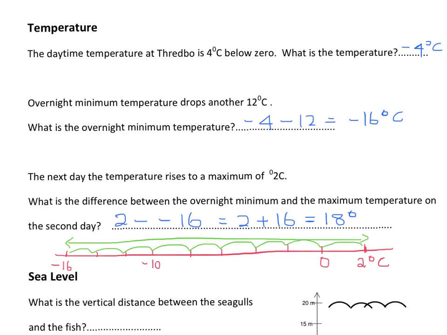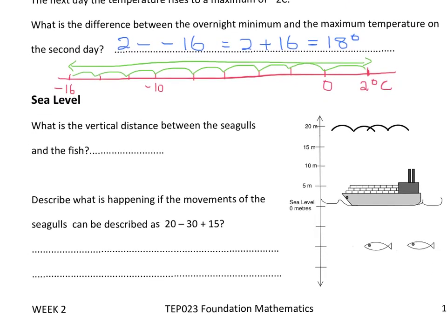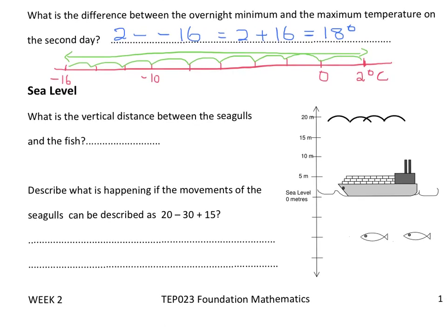And the final scenario where I want to talk about positive and negative numbers is when we consider sea level. So we've got a little picture here. It's a nice passenger ship there at sea level, which we can think of as 0.